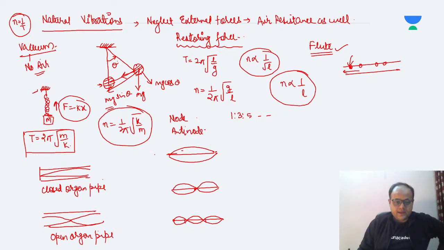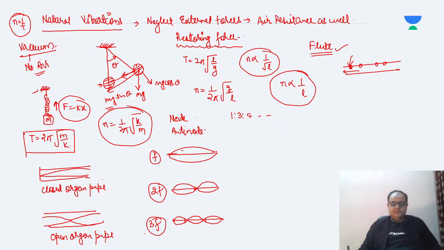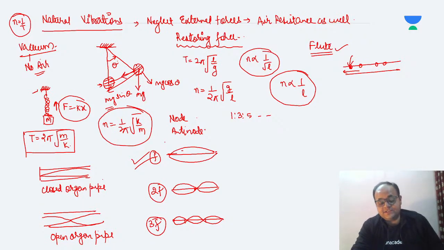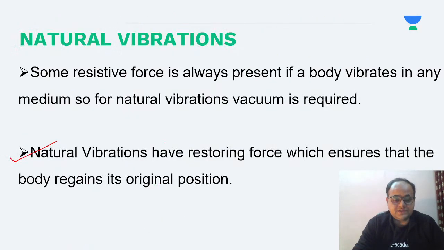Here the frequency is F, here the frequency is 2F, and here the frequency is 3F. It is a very popular question and they do ask it in your board examination, so just go through this. I'll be discussing this in detail in the special classes that we have, and in the plus classes, so I'll be doing questions as well. So I guess that is all about natural vibrations.